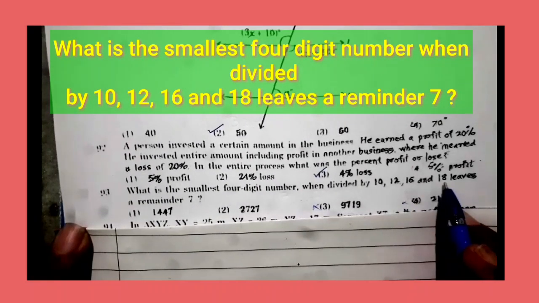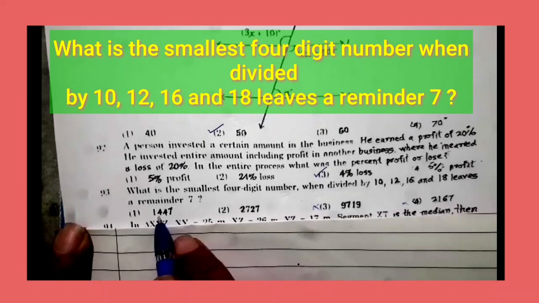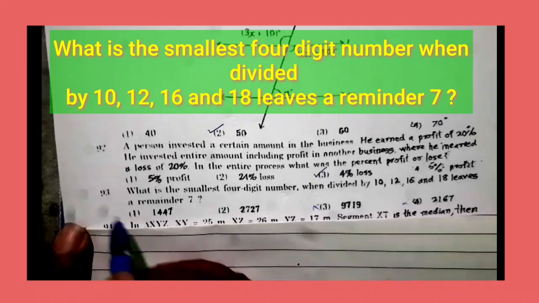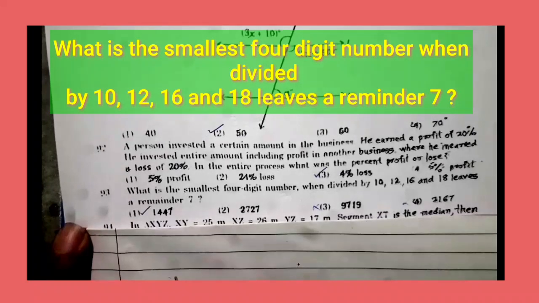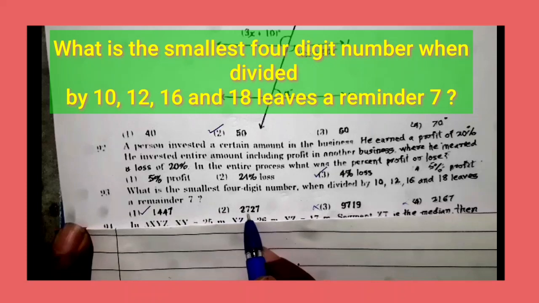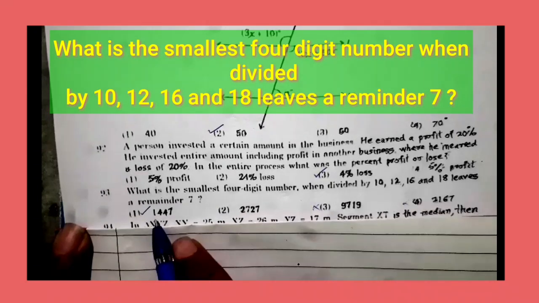Now 18, that is 4 plus 4 plus 1 is 9. That is, our answer is 1447. The sum is 2 plus 2, 4, plus 7 is 11. So our answer is this.